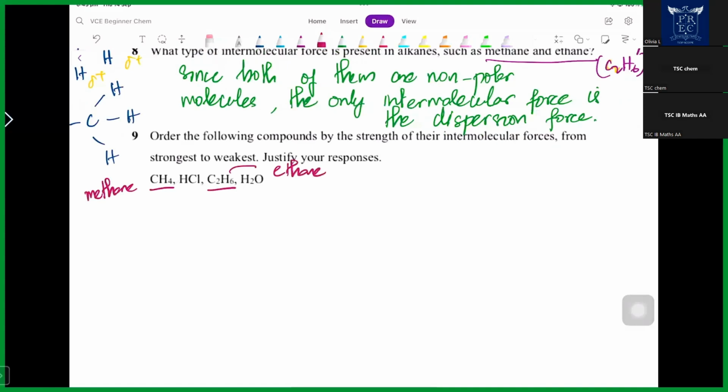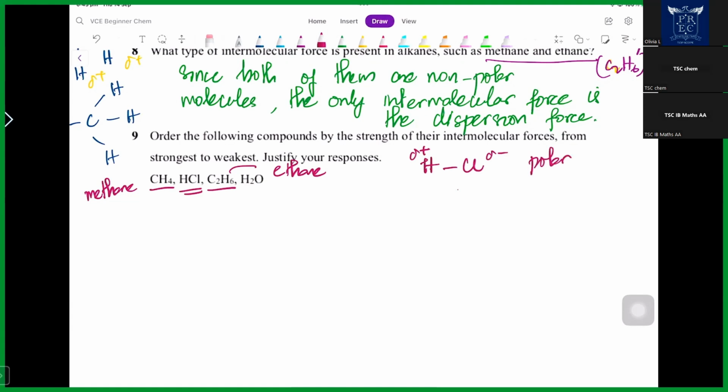So both are non-polar. Then HCl. If you look at HCl, HCl is polar because Cl is more electronegative. Remember in chapter 1, we learned that Cl is more electronegative than H. So HCl is polar, this is delta minus, this is delta plus.